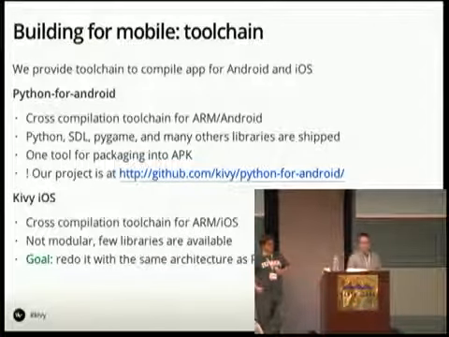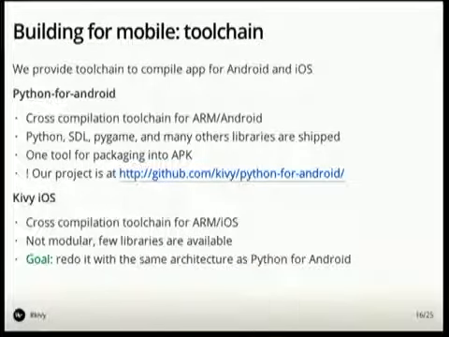And there is another toolchain we provide for iOS, Kivy iOS. But it's not designed the same way as Python for Android. It's not modular, so you cannot really add the libraries you want. We need to redesign this project. And the reason we don't merge both of them is that on Android, we load the libraries dynamically, but on iOS, that is forbidden.